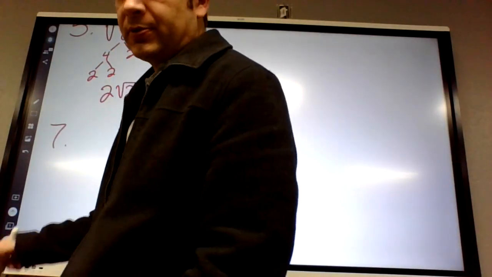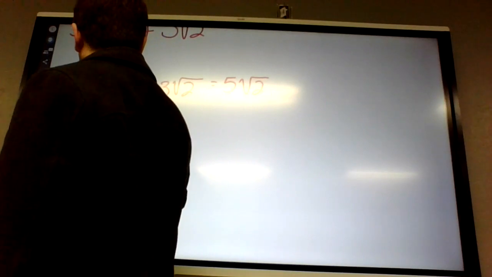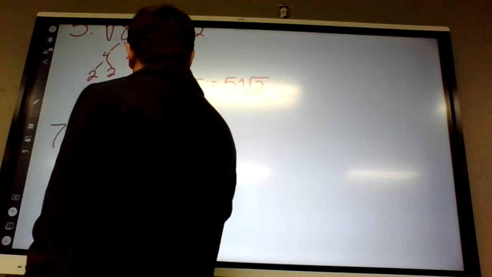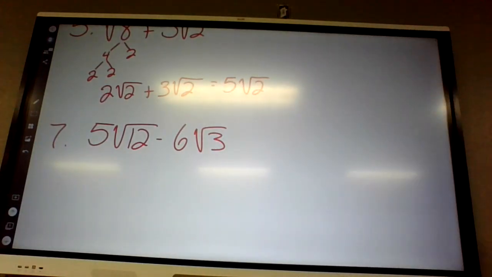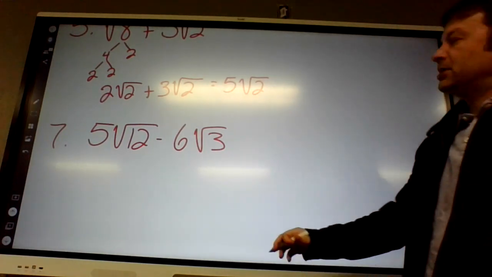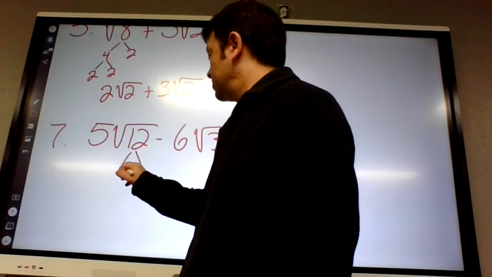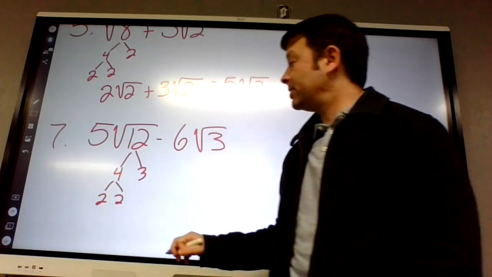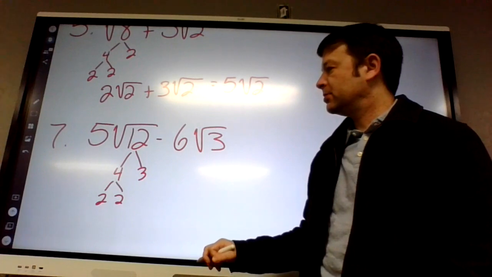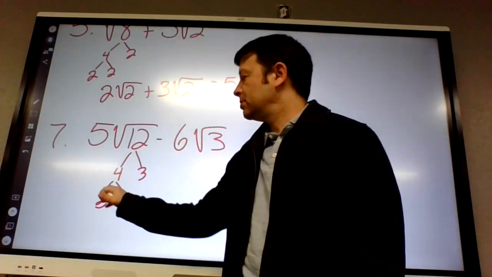Okay, 5 square root of 12 minus 6 square root of 3. Olivia, any ideas on what we can do on this one? What's the 12 going to turn into? 2 square root of 3.